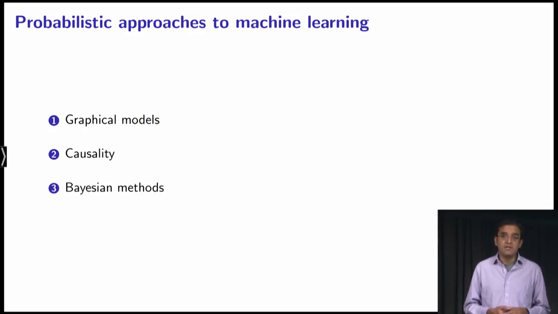A third avenue of probabilistic modeling is Bayesian methods. Now, this is a rich area, a whole field of statistics unto itself. In this class, we have focused on a kind of learning algorithm that takes a data set and returns a single model, for example, a single linear regression function.